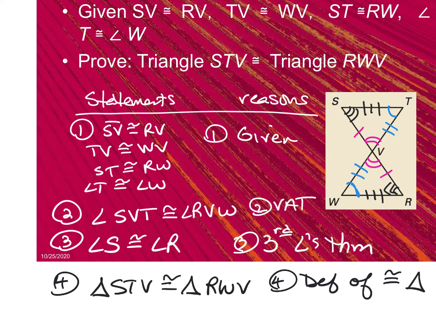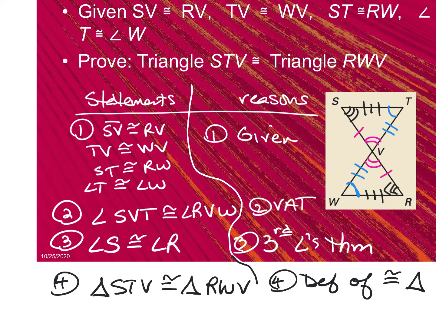So once you've shown that all three sides, all three angles are congruent, you can state that the two triangles are congruent, and the reason is definition of congruent triangles. And that is it for the notes on 5.2. Let me draw a line down here the middle to separate my columns.